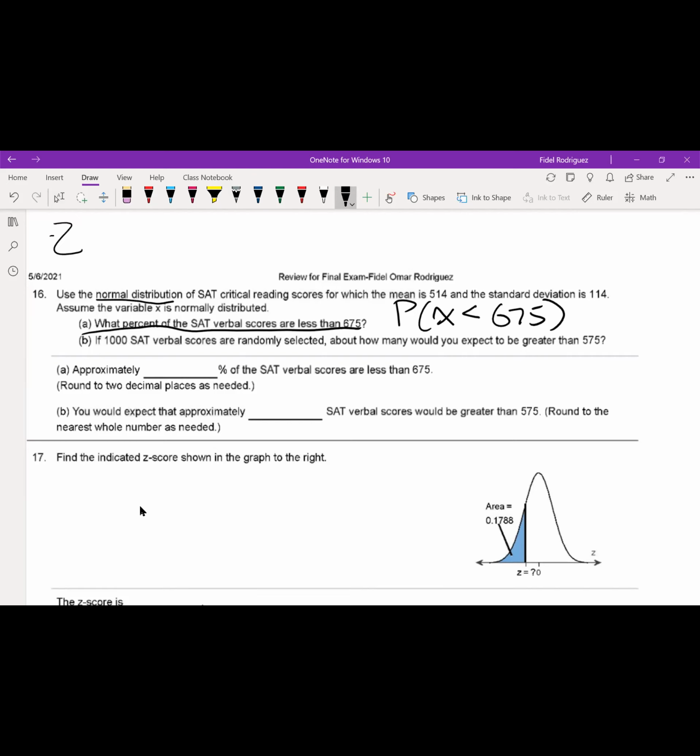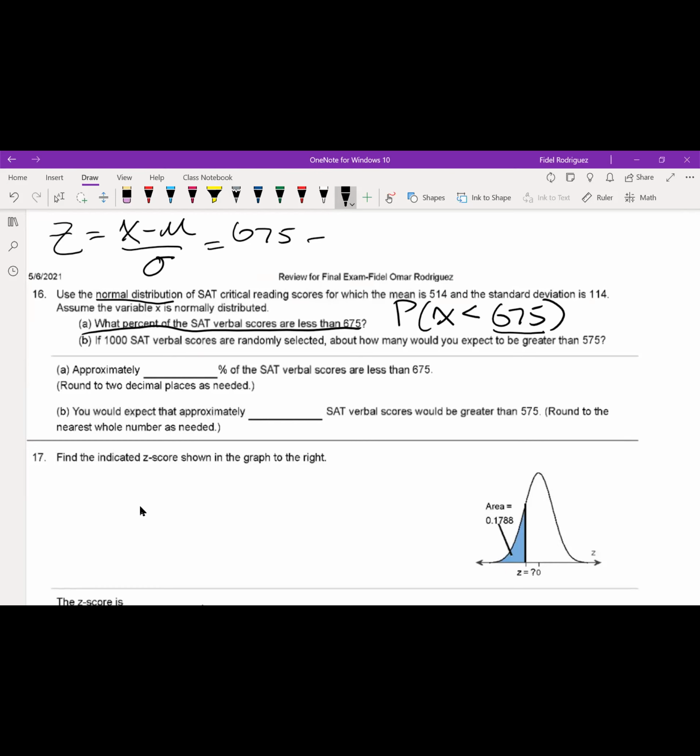The way we do that is we're going to use this formula right here, X minus mu all over sigma. My X number in this case is 675. So I'm going to write 675 minus the mean, in this case 514, all divided by my standard deviation, which is 114.